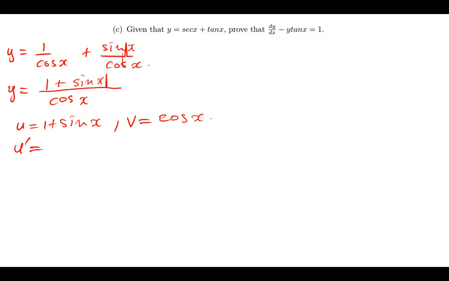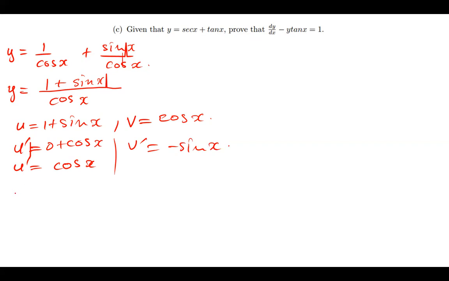So u prime will simply be equal to, the derivative of 1 there is 0, and then the derivative of sine x is simply cos x. So u prime will simply be cos x. Then we also find v prime. So v prime is simply negative sine x.